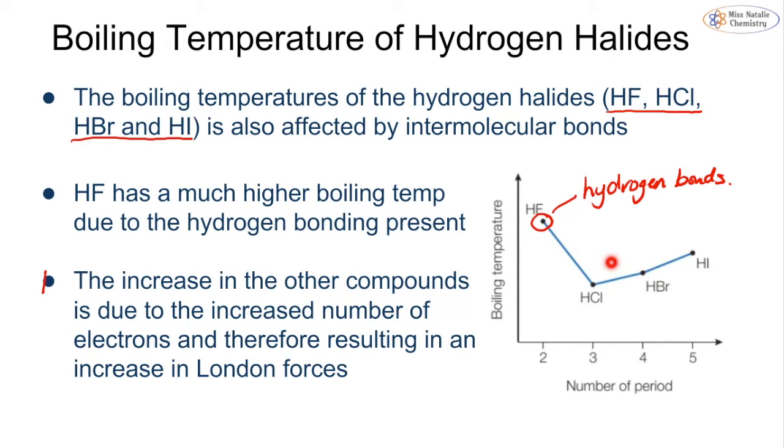For the others, you see we have a large drop as we go down to HCl, but then we have an increase in our boiling temperature, and that is a result of the increase in London forces. As we go down the group for the halides, we get more electrons.